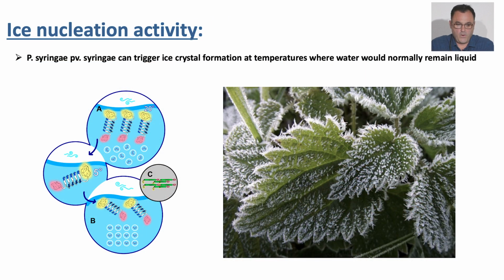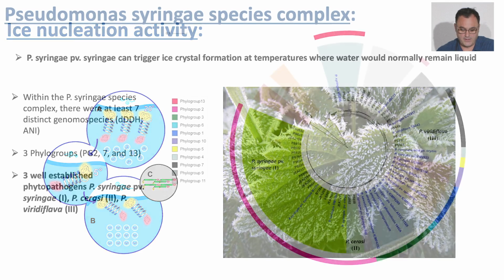The way blast works is that this bacteria, the causal agent, can also trigger ice crystal formation. So basically, you allow water to freeze at temperatures where it would normally remain liquid. The bacteria is promoting frost within an orchard, leading to this severe blast occurrence.